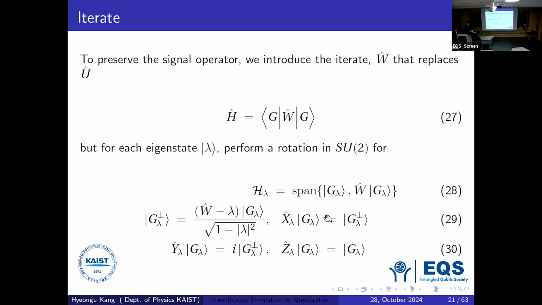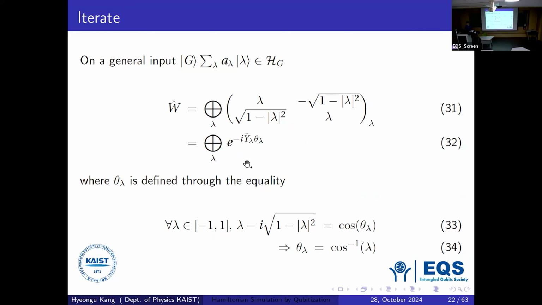Yes, and we will talk a little bit more about this later. And on a general input, we can express this as follows, where lambda represents the H-lambda space, and so it is just a rotation here, and where zeta lambda is defined through this equality.